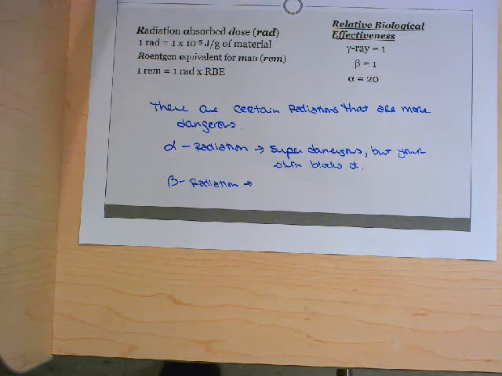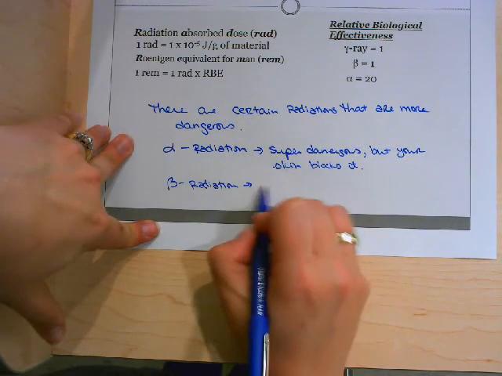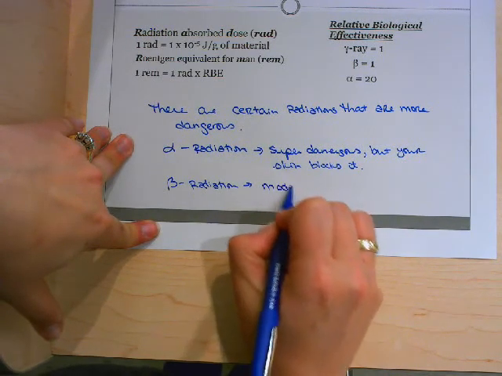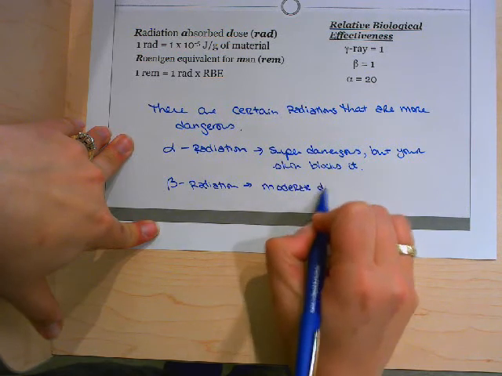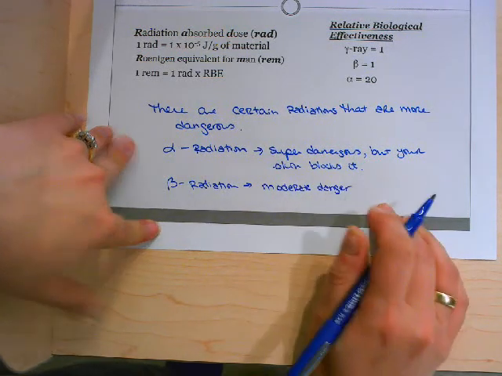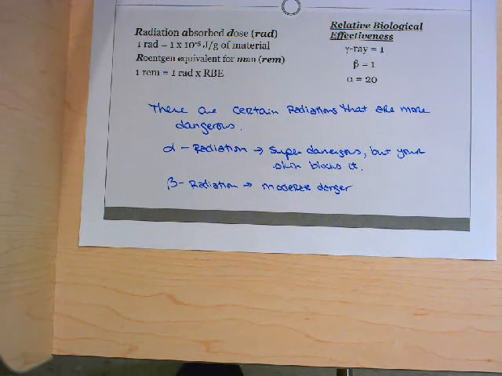Beta particle radiation. Moderate danger. I mean, on the scale of danger, it's like, not great. You don't want to purposely expose yourself to it. You'll get a radiation burn.